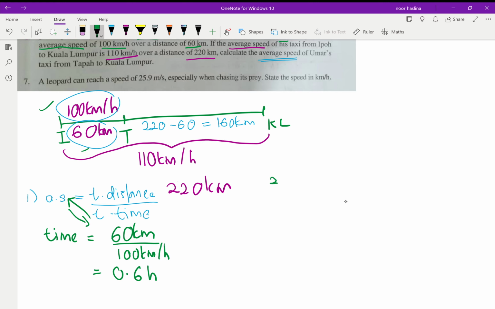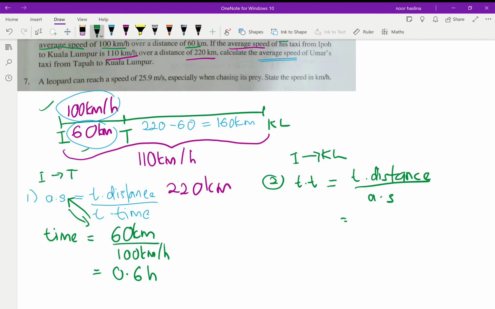Second step, you find out the time taken from Ipoh to Kuala Lumpur. So time taken is equal to total distance over average speed. Remember, number 1 is from Ipoh to Tapah, and this time from Ipoh to Tapah is 0.6 hour.